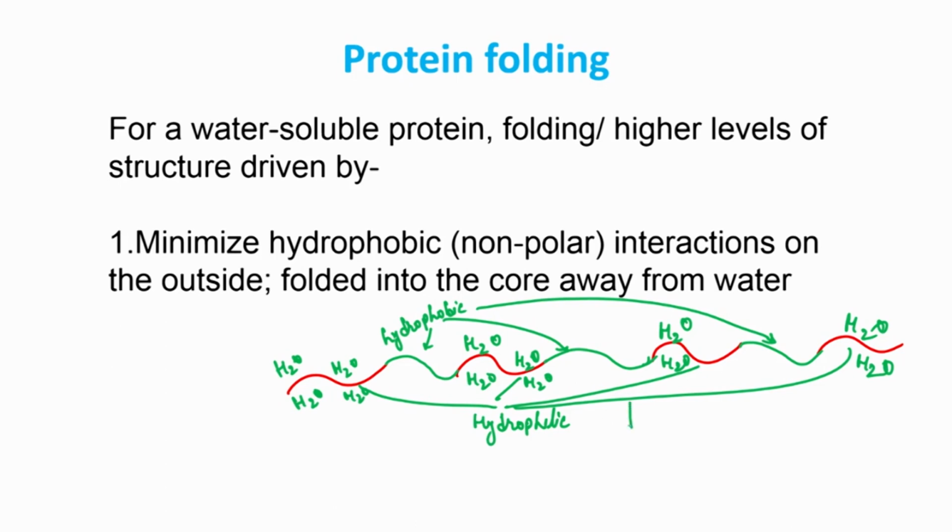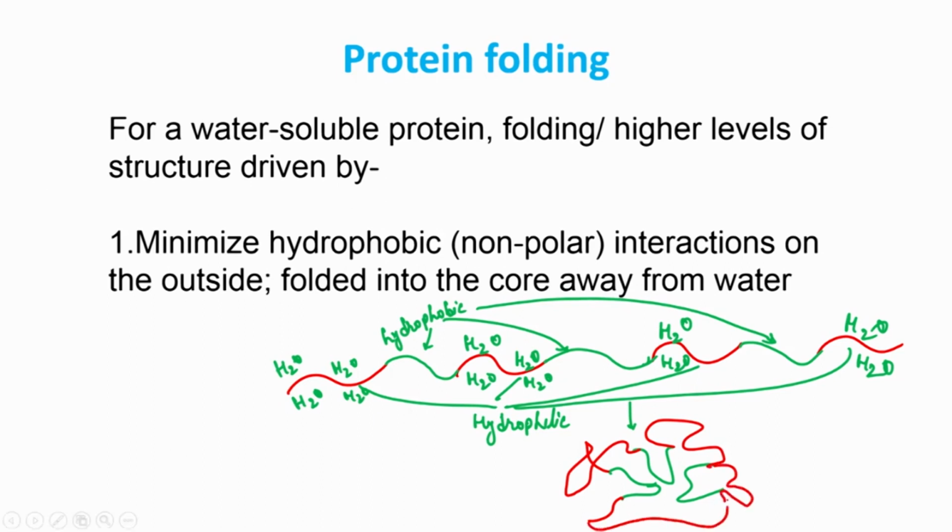Eventually you will have a structure where all the green domains interact with each other, because they do not have anything else to interact with, whereas all the red hydrophilic domains will tend to be away from the green domains and start to interact with water.